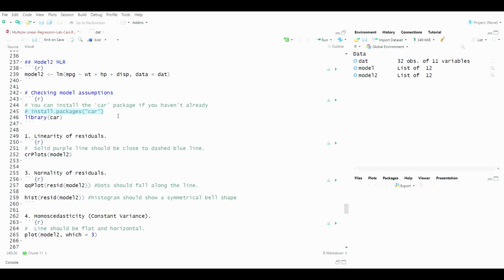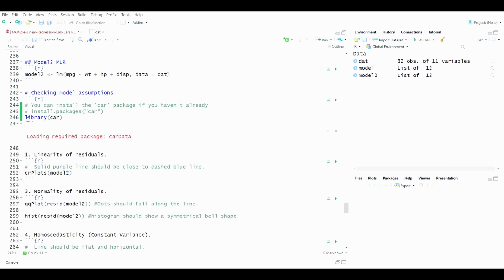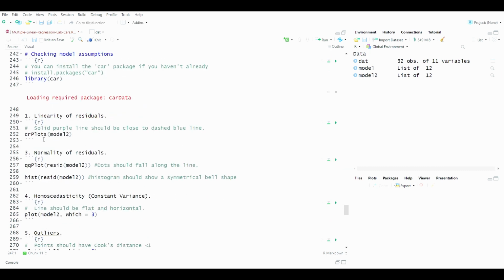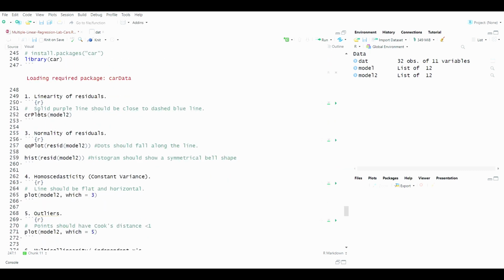You can even delete this line because once it's installed, it's on your machine. You just have to load it by running the library car function, right? Loading required package, great. And this will allow us to easily check several of the assumptions.